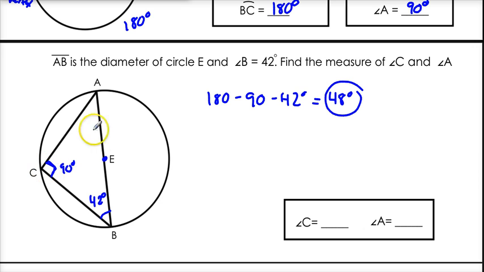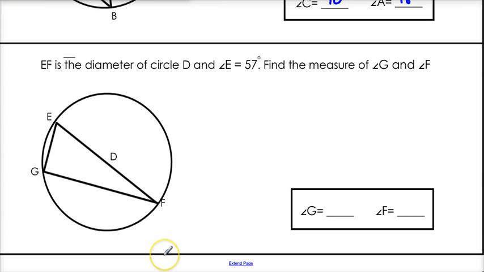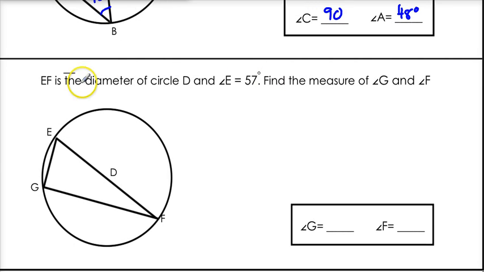So angle C is 90 degrees, and angle A is 48 degrees. And our three angles all add up to 180. Beautifully done. So if the diameter is the hypotenuse, then we know that this is a 90-degree angle, or a right triangle. All right, let's try this again.